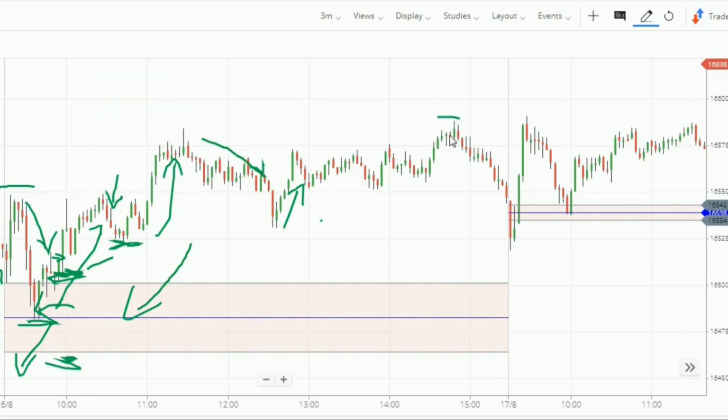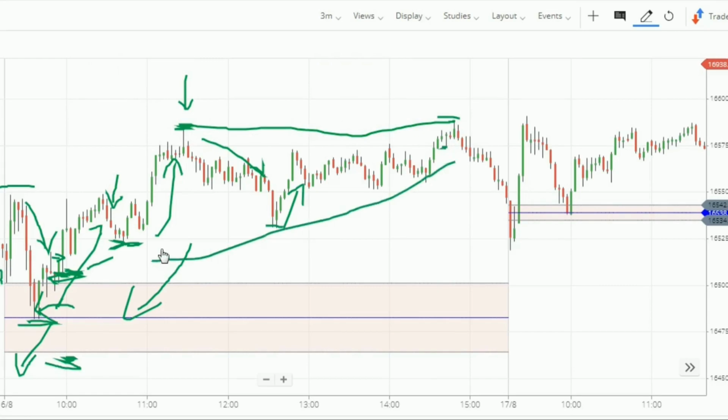Because you can see the market gave a strong resistance here and took a support here, and again on the same line the market gave a strong resistance. So before the price of the stock reached the same level, I would have exited and it would have given me this much profit.